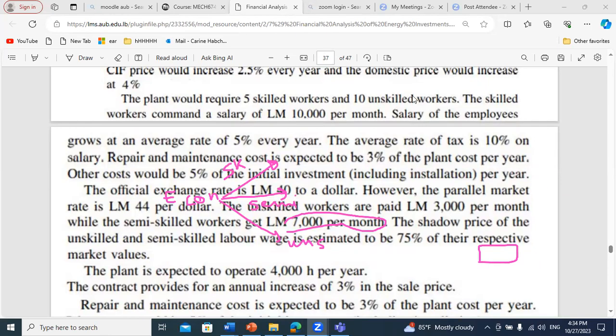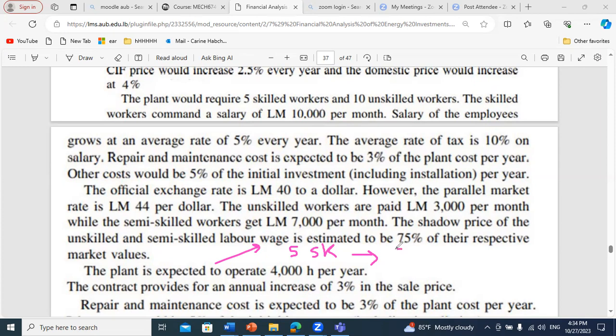Okay, so here they said first that we have 5 skilled workers and 10 unskilled workers. So we should do the following. First we divide the workers into 2 parts. 5 skilled, and for skilled persons the salary is equal to 10,000 local money per month.